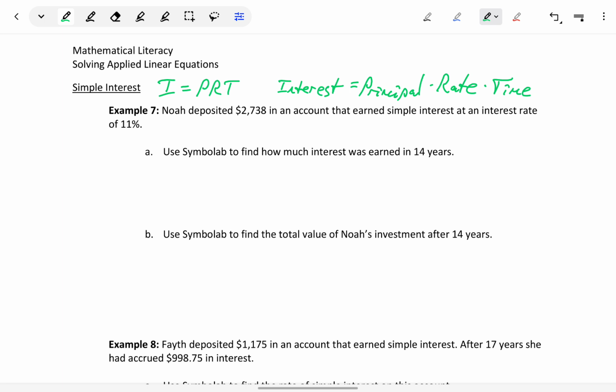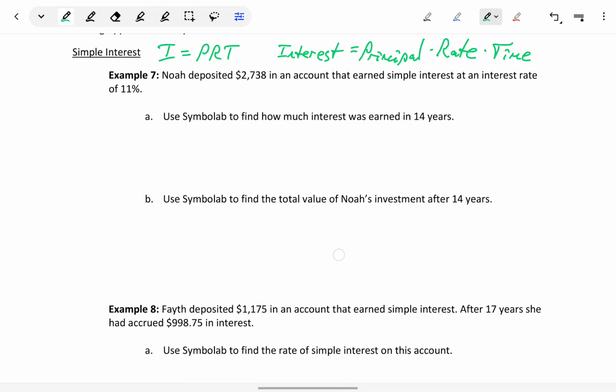So in example 7, we're told that Noah deposited $2,738 in an account that earns simple interest at an interest rate of 11%. We want to determine how much interest was earned in 14 years. What we're told in this case is the principal, how much he deposited. We're given the rate, which we would convert to the decimal 0.11.